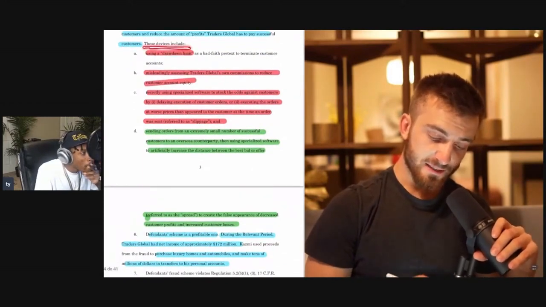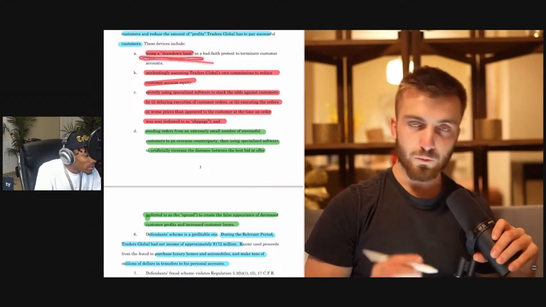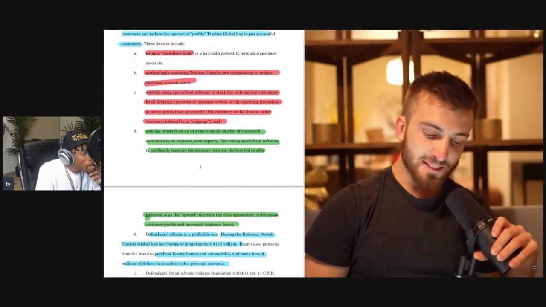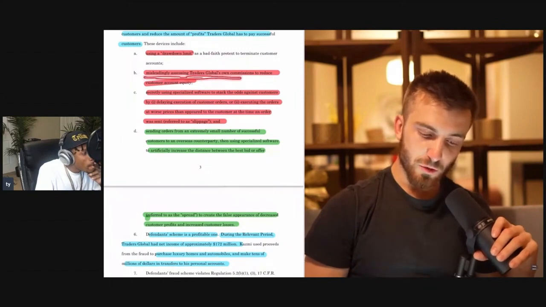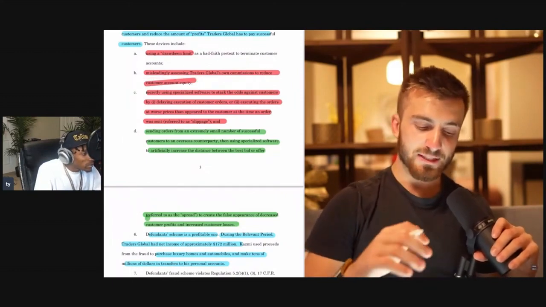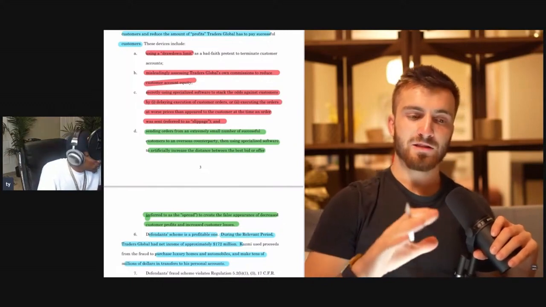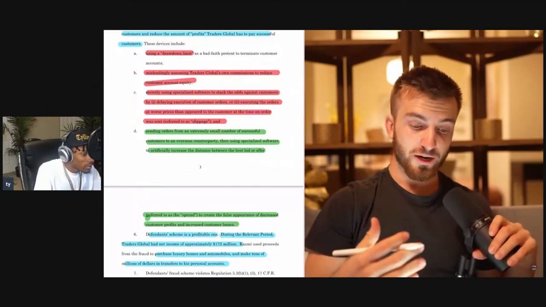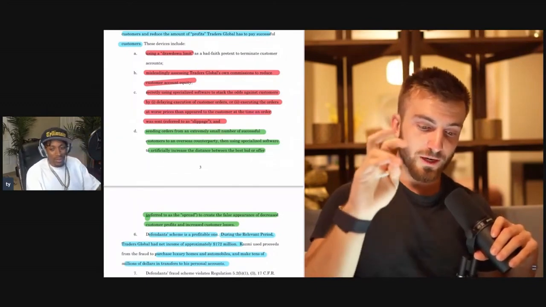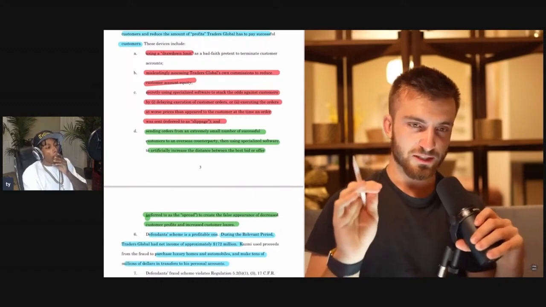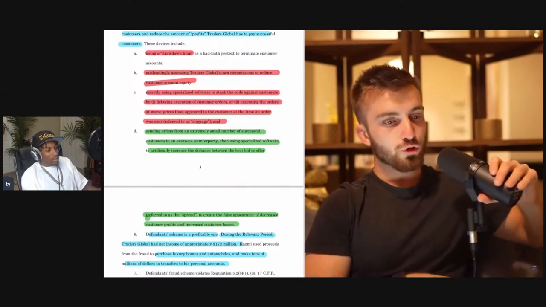And these devices include a drawdown limit, which is, again, as you know, the drawdown limit from the challenge, and misleadingly assessing Traders Global's own commissions to reduce customer account equity. What they mean by this is that you had to pay a $3 commission per lot, but in reality, because you were trading on their liquidity provider, there wasn't really commission needed, so it was just a direct hit onto your account.